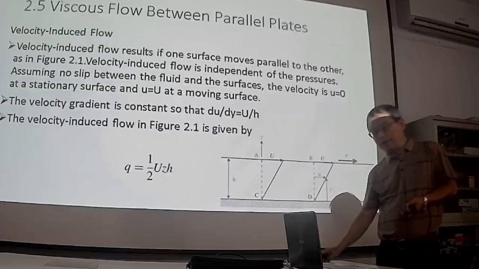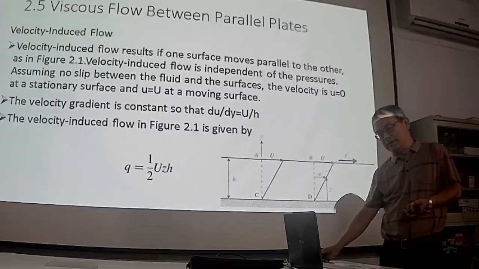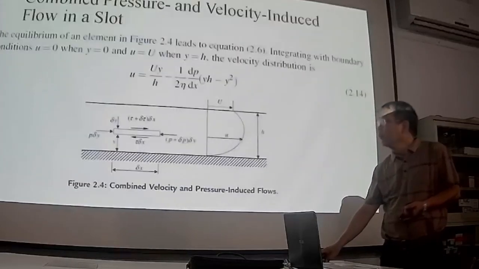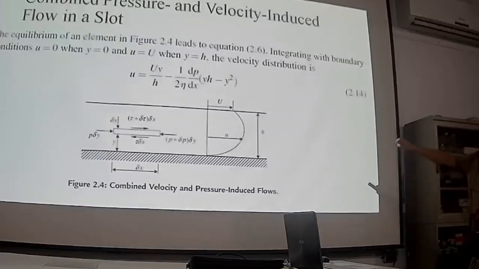In practical cases, it could be fixed or it could be moving, rotating. So we need to have a combined effect for this one. The velocity distribution could be this formula. These are the velocity distribution, combining velocity and pressure-induced flow.